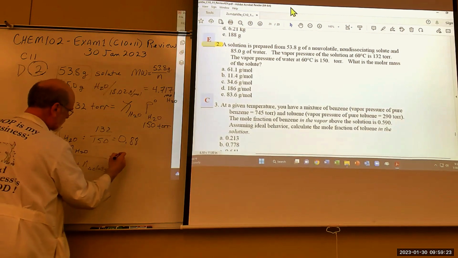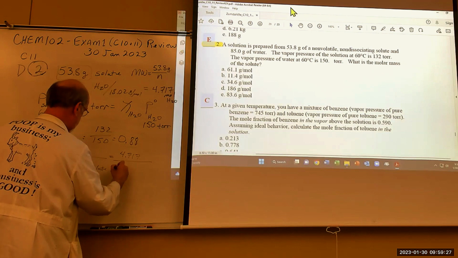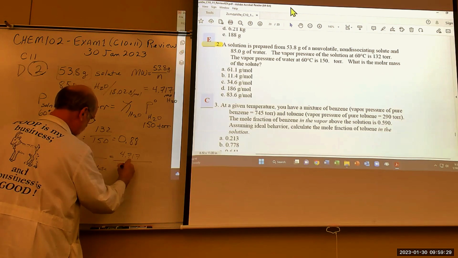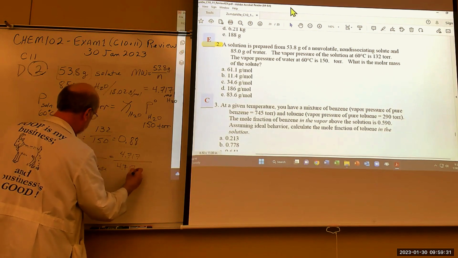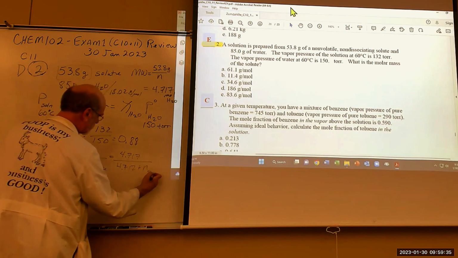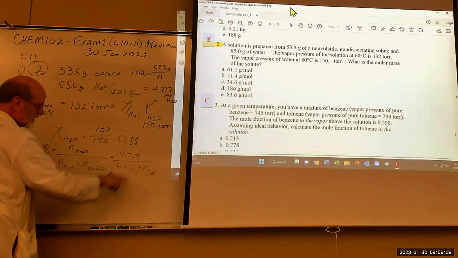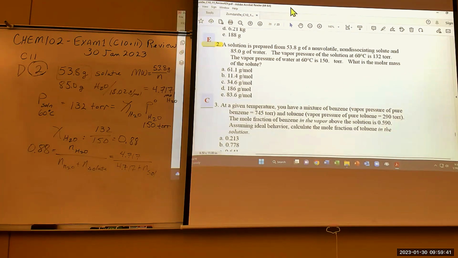Okay. So that means this is 4.717 over 4.717 plus moles of solute. Okay. Now I've got an equation with one unknown right there. You just solve for that one unknown.